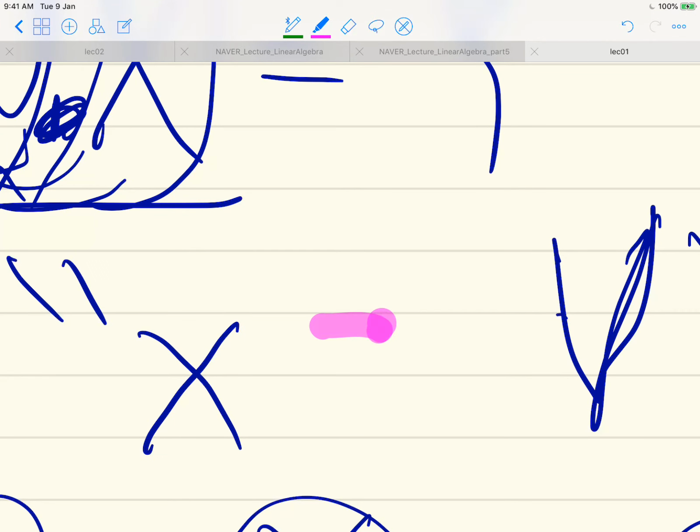So we have three different vectors that are linearly independent, lying inside the same plane, and then we want to produce this output vector.